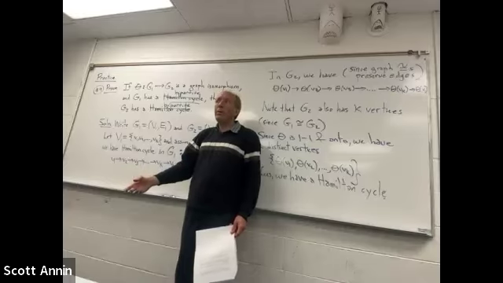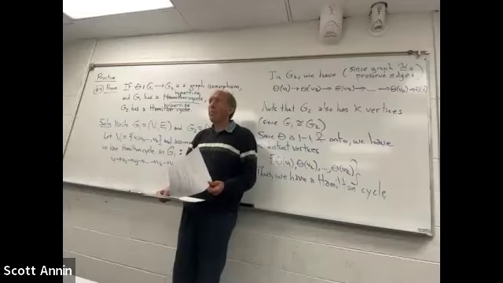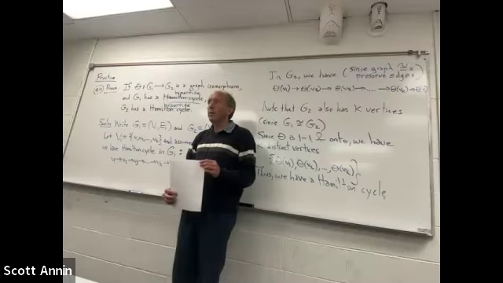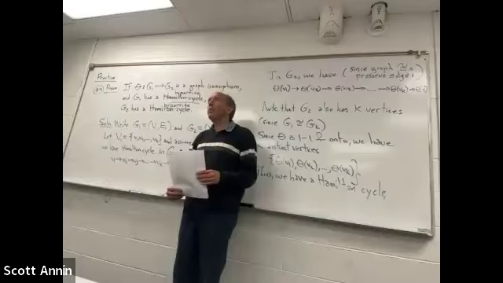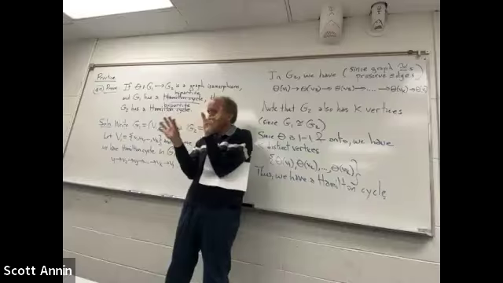How would we put it, should we just say, does it have a cycle of odd length? But how would you write it down? You would need to create notation for your cycle.